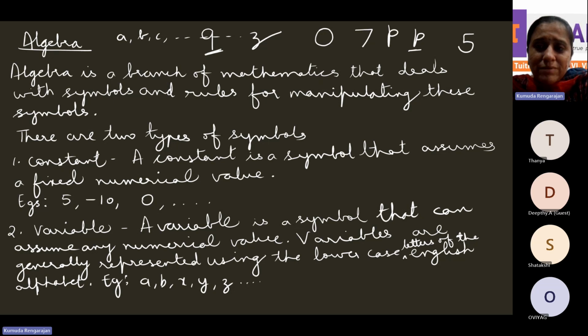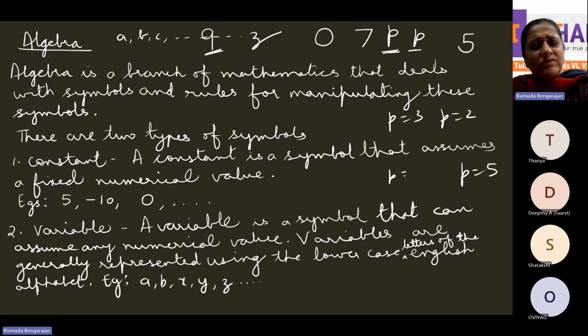But what's the numerical value of p? If I say p is 2, okay. If you say p is 3, okay. If you say p is 5, okay. P is -7, all right. So p can take any numerical value. That's why these symbols are called variables.